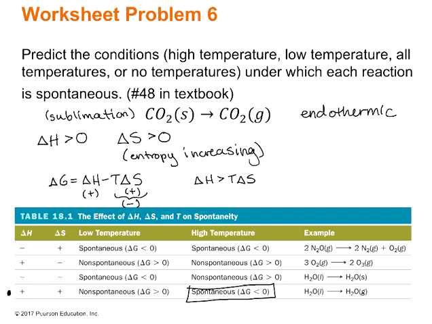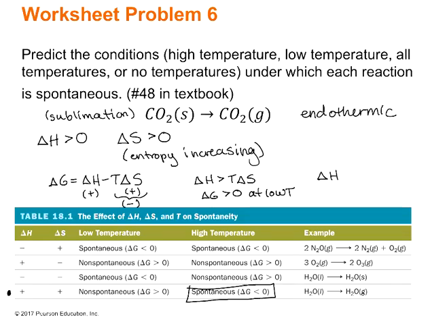So if it's overpowering T delta S, that means delta G will also be positive or non-spontaneous. Now, because delta H is greater than T delta S, that means temperature must be low. So that tells us that this reaction will be non-spontaneous at low temperatures.